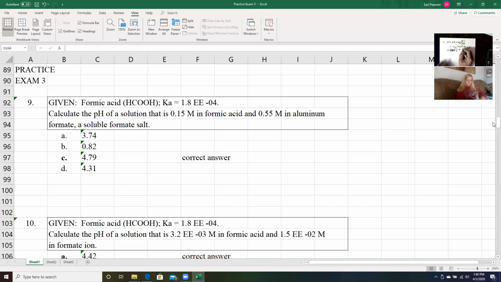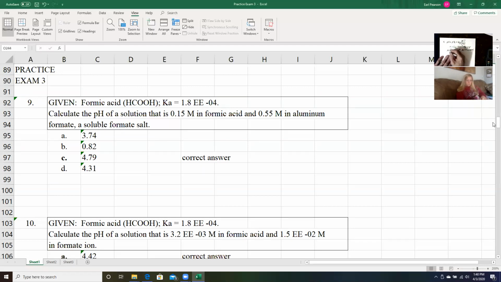When we have the aluminum dissolve, we're going to get 1 aluminum plus 3, but we're going to get 3 HCOO minus for each one of these.